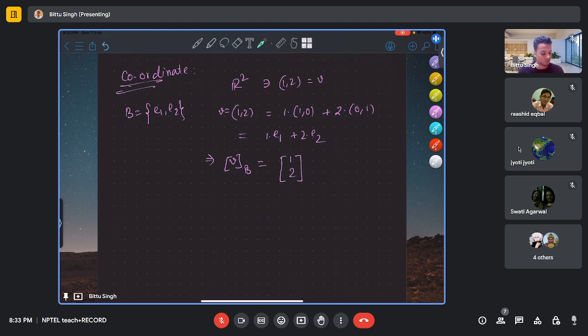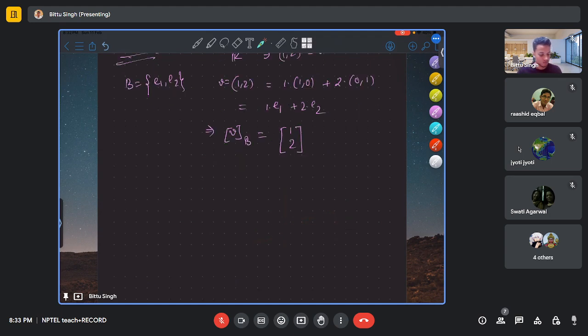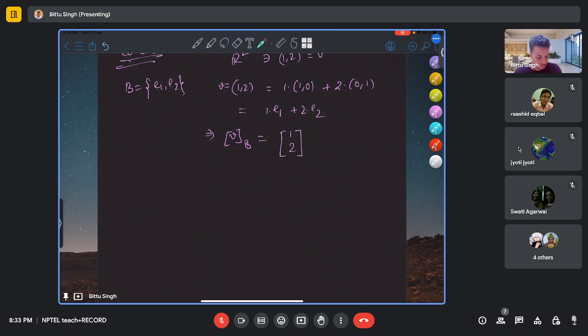So now you can ask what will be the coordinate with respect to some other system. For example, if you rotate the plane by some angle theta, then what will be the coordinate of the previous point?